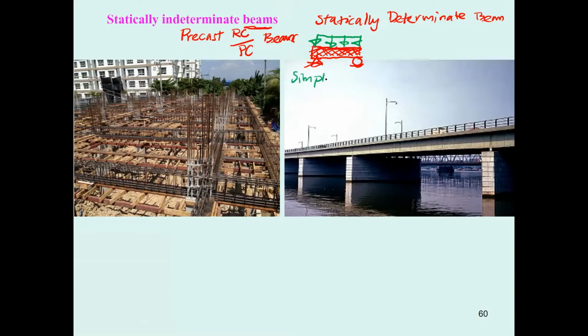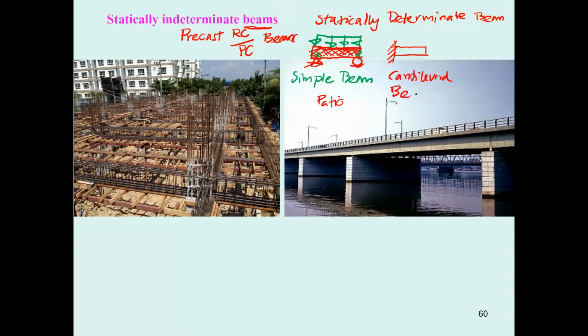Most of the simple beams have the pin and roller support. And there is another type of statically determinate beam, which is called the cantilever beam. If you look at the picture of your house or of your dome, this is called the cantilever beam.